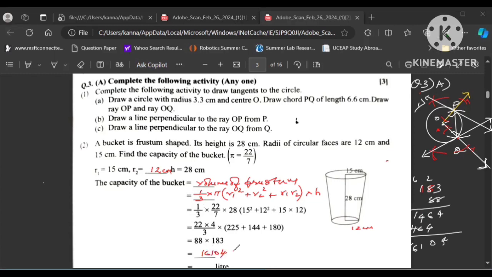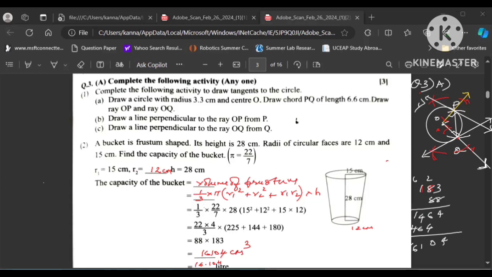16104 centimeter cube. Divide by 1000, so 16.104 liters. You can check it out, children. I'm doing this multiplication in a hurry, so you can check it yourself.